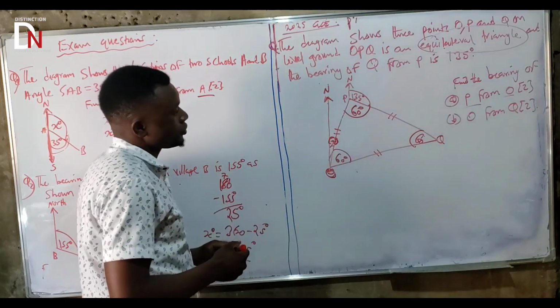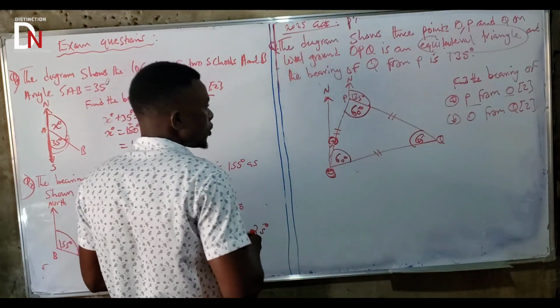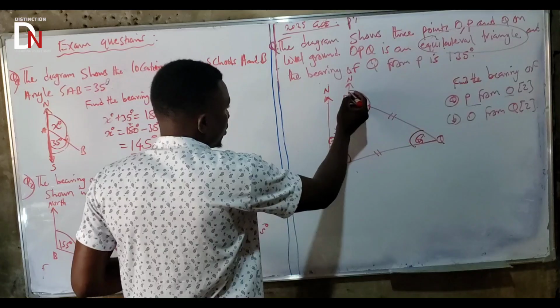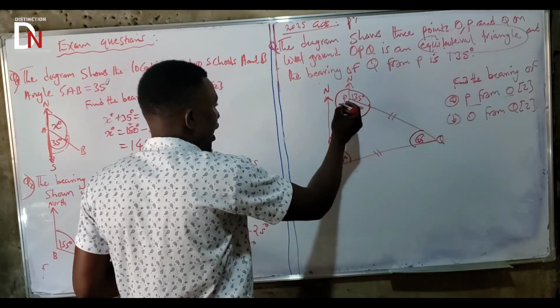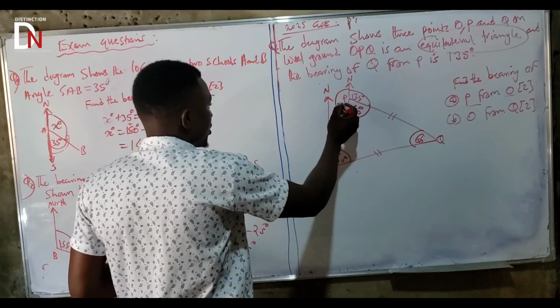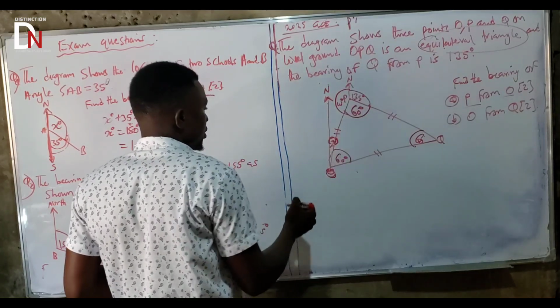Great. Now look at this. This is the angle which I'm looking for, and I can assign it any letter I want, so I'll name it W degrees.